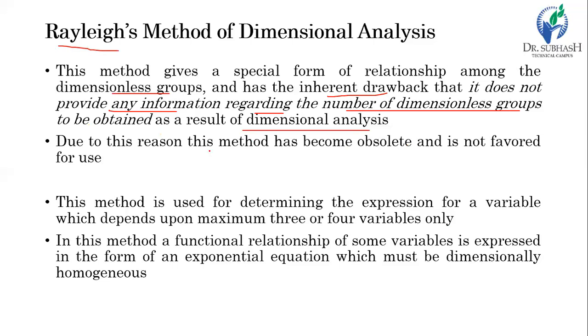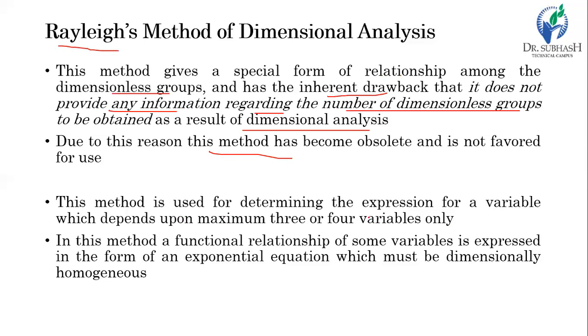Due to this reason, this method has now become obsolete. It was favored for use because of a limitation: only when there are three or four quantities can you use this method. For more than three or four physical parameters incorporating any fluidic system, you cannot use this method.